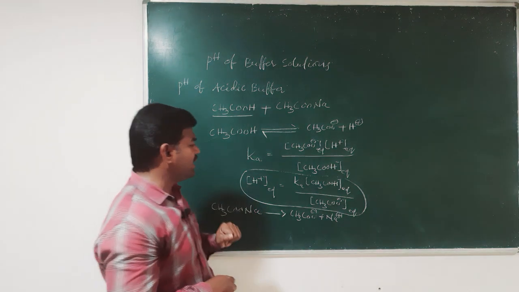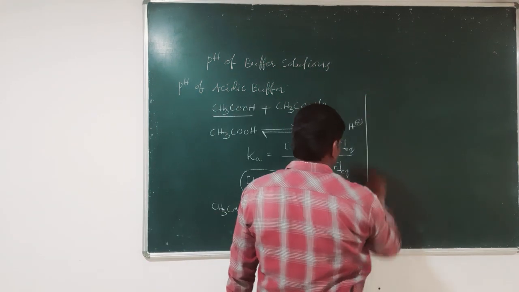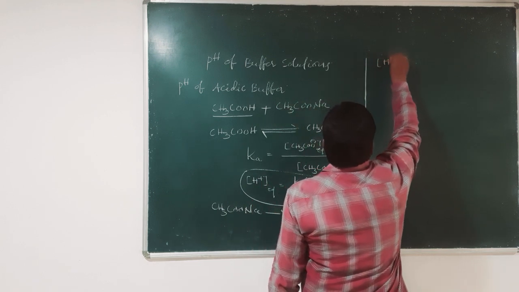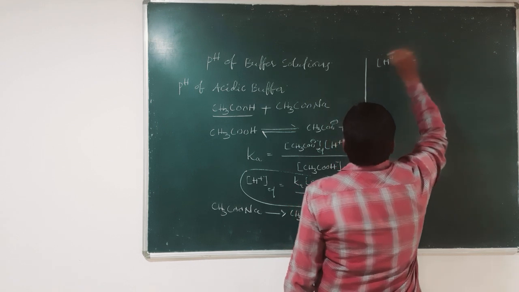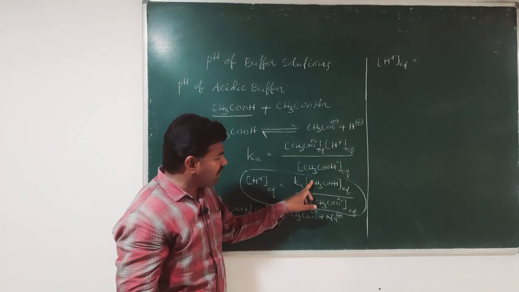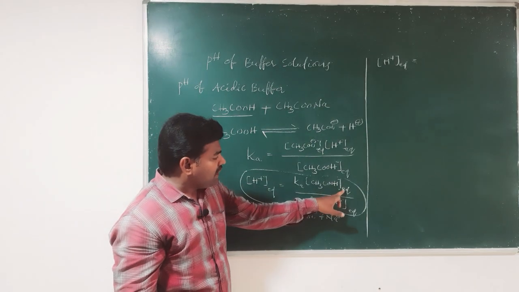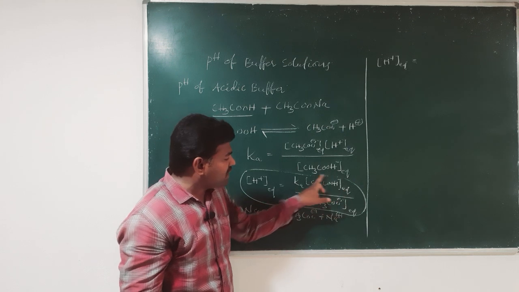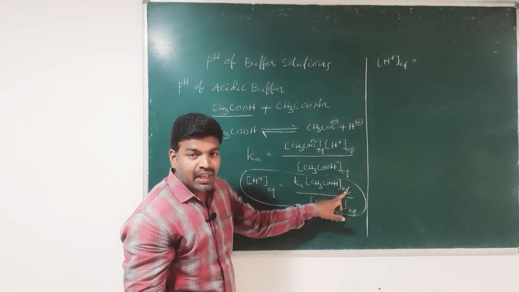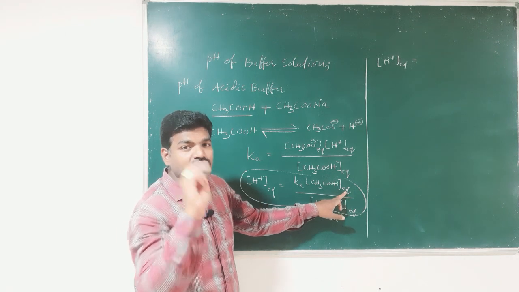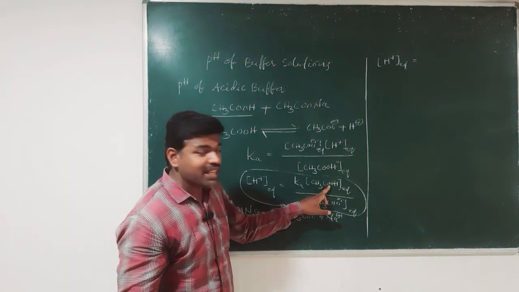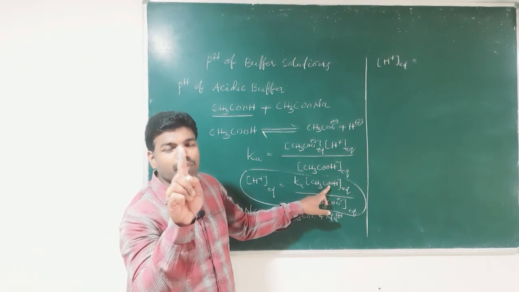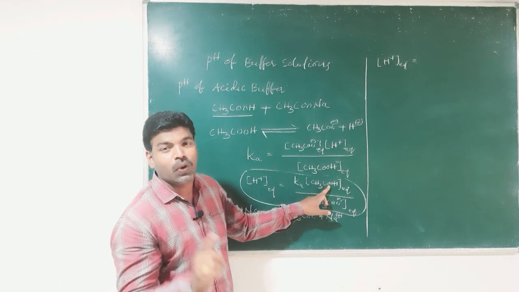So the concentration of H plus ions at equilibrium is equal to Ka into the concentration of acetic acid at equilibrium. We can take the concentration of acetic acid at equilibrium as equal to the initial concentration of acid, because acetic acid does not undergo complete ionization. For 100 molecules, only 1 or 2 molecules undergo ionization.